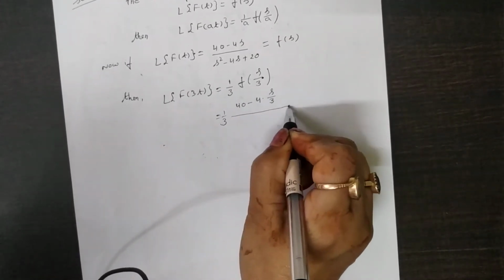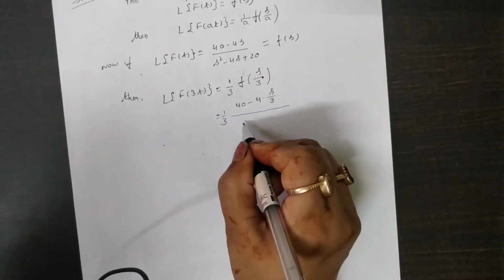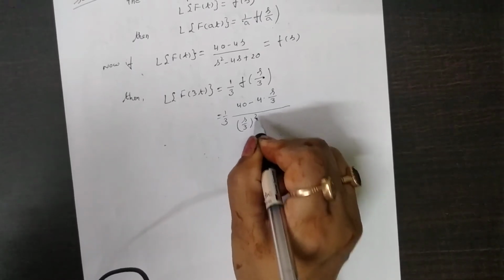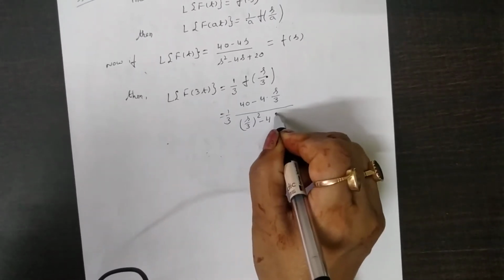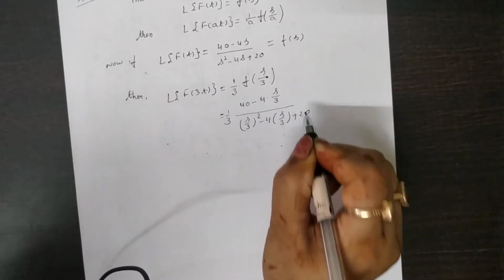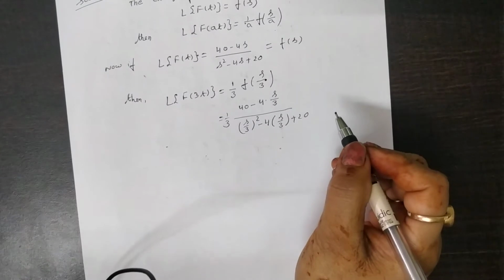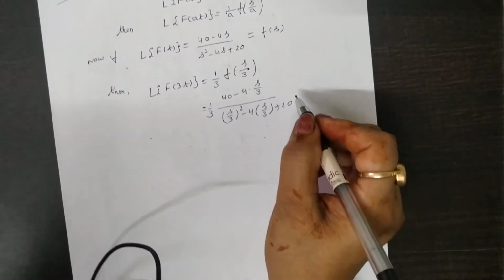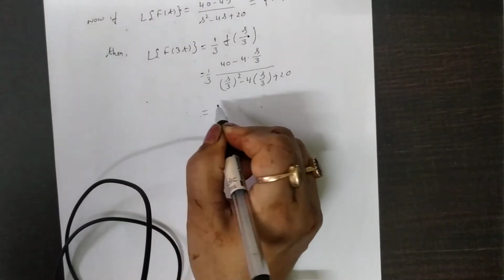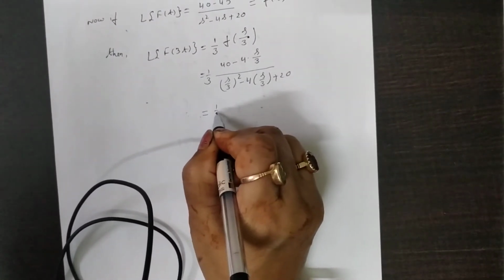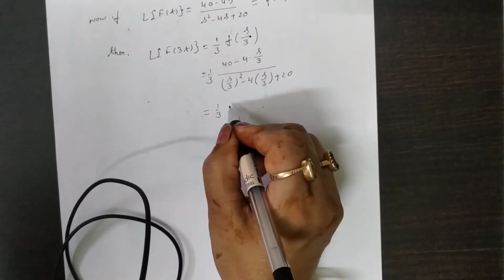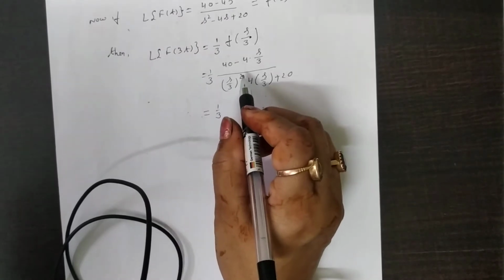And now divided by s square, so here it is also (s by 3) square, minus 4s by 3 plus 20. Now I think you can solve this problem.